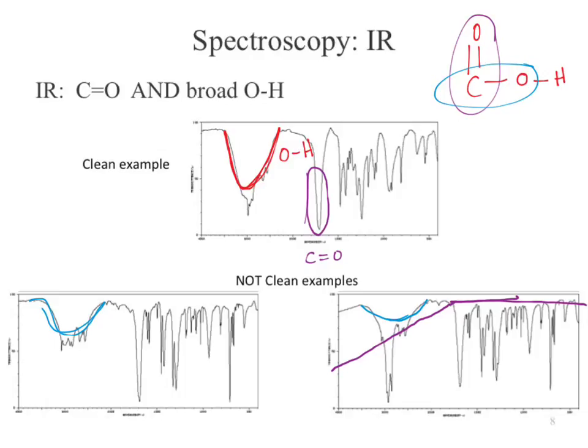That is a very interesting point. Why is the peak at 3300 non-existent? Why is it shifted? What happens to the wave number for a peak or a bond as that bond weakens? It shifts to lower and lower frequencies.